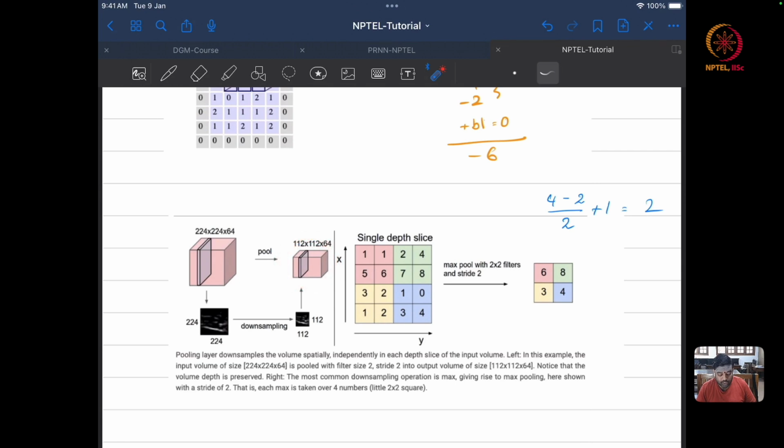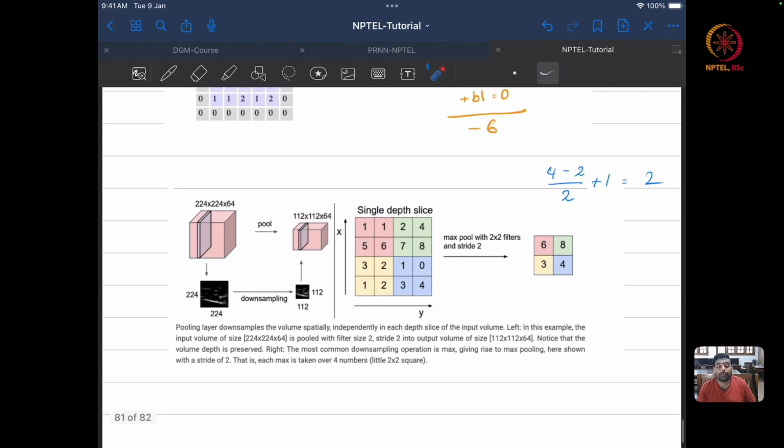There is no change in the number of channels, but there is a change in the spatial size. This is max pooling, which we will use whenever we need to reduce the dimension. This is the practical way of handling it.